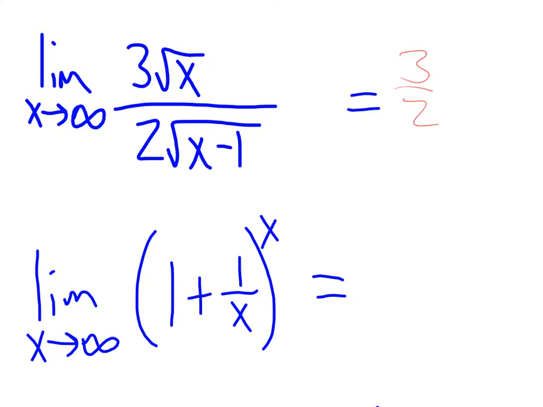No, it actually does exist. How can we tell? Well, if you punch in 1 plus 1 over x, all to the x power in your y1, then you could just do what we did before, do y1 parentheses and put in like 1,000,000 in there or something.